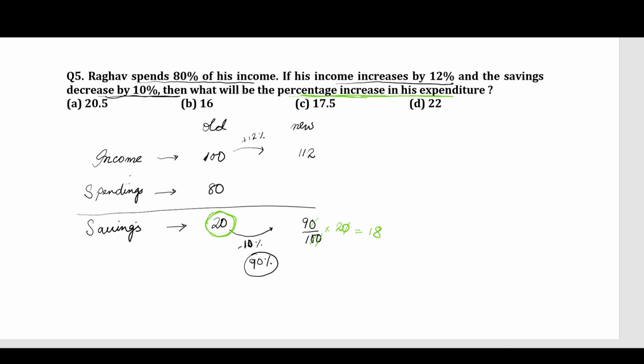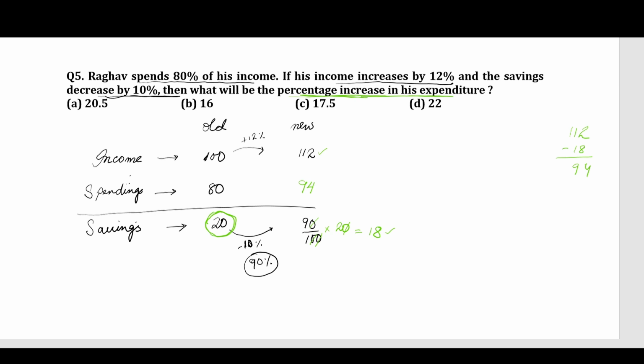Expenditure is income minus savings. So expenditure is 112 minus 18, which is 94.